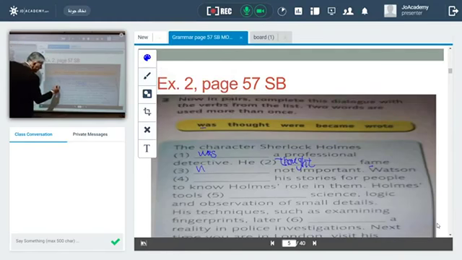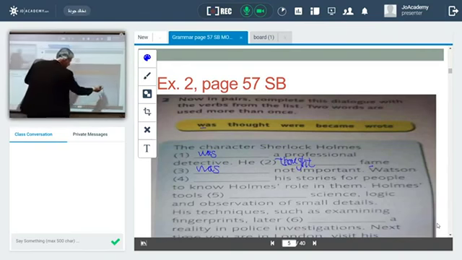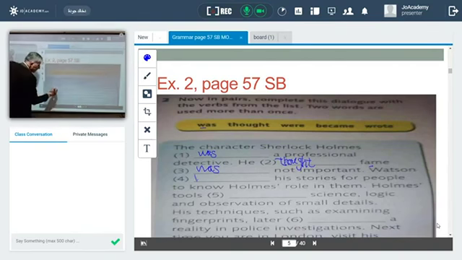Okay. So Watson fame wasn't important. Watson, here we write "wrote". Watson wrote his stories for people to know Holmes' role in them.